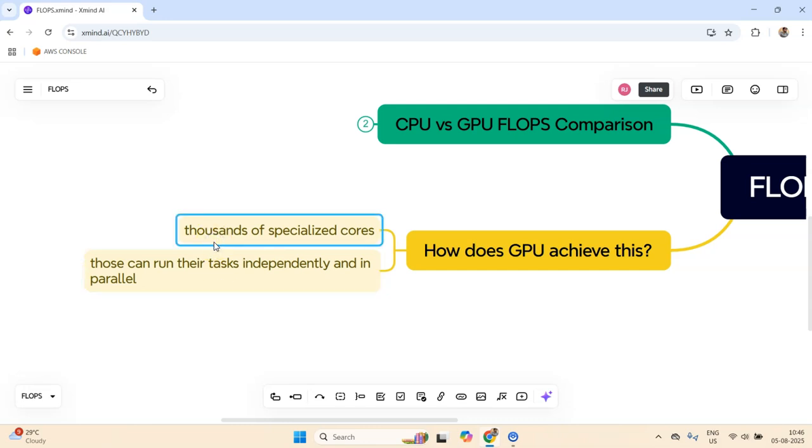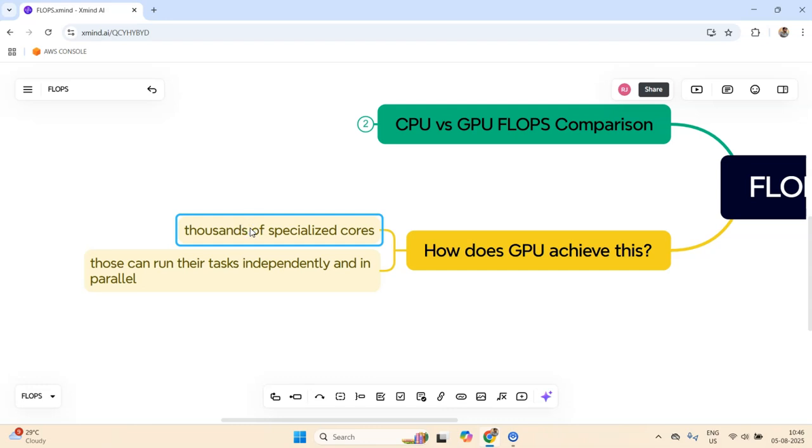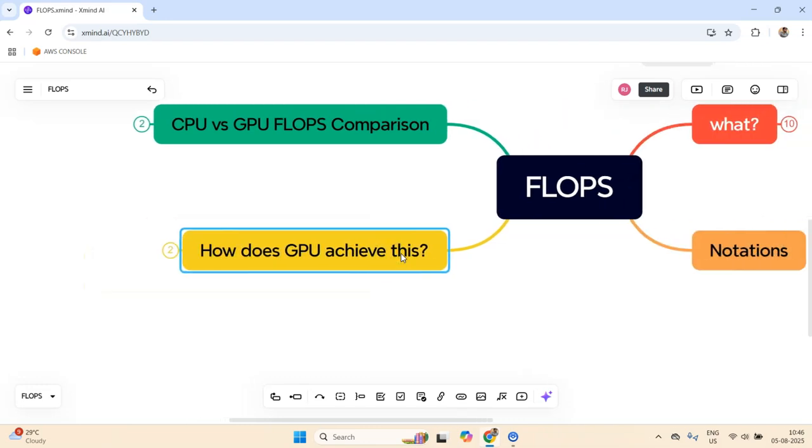For example, in video rendering, you can process individual frames one by one. Among these 1,000 cores, one core can handle the first 100 frames, another core can handle the next 100 frames, and so on. In later stages, all the results are combined together. This is how a GPU achieves this kind of massive computation power, through the concept of specialized cores, which are very high in number, whereas a CPU has a very low number of cores.